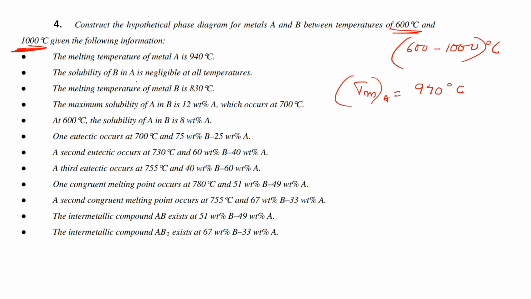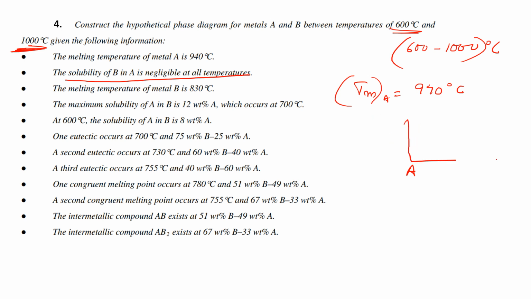The solubility of B in A is negligible, so we won't be having a dimple, right? Basically, in this rightmost part of the diagram, which is region A, instead of having a dimple like this, which represents some solubility of B inside A, we'll be having no dimple.